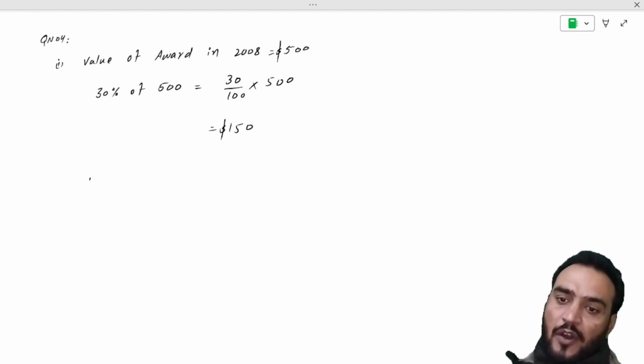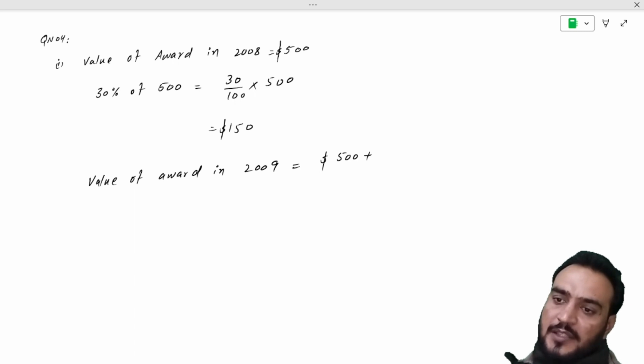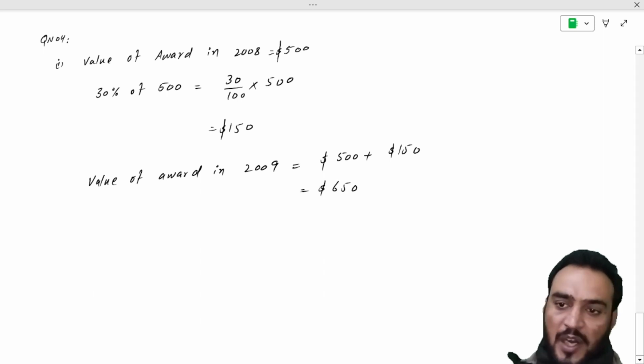So the value of award in 2009 is equals to $500 plus the increased value, which is $150. This becomes $650. Hence the answer of this part one.